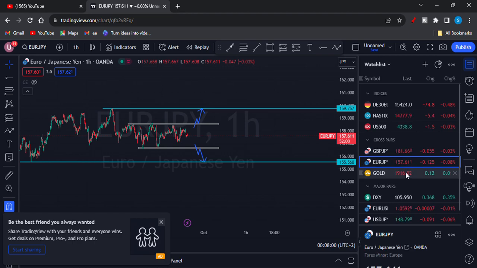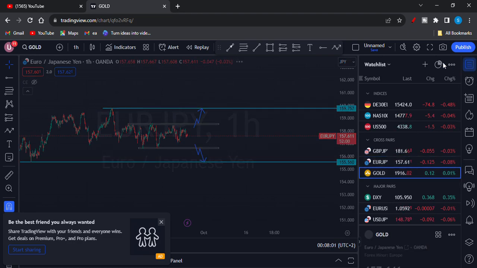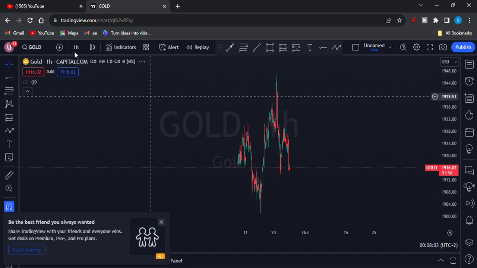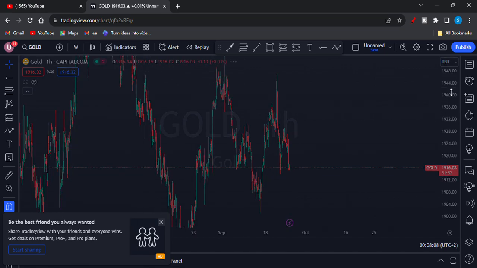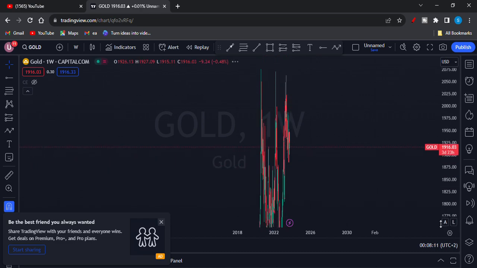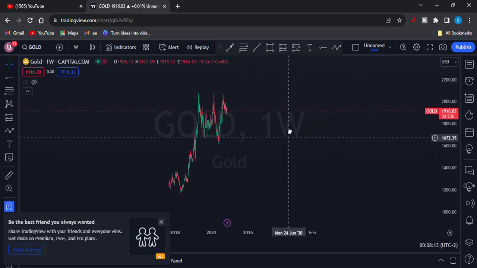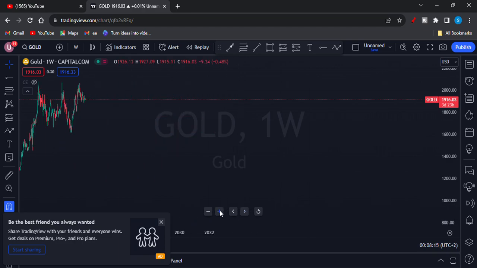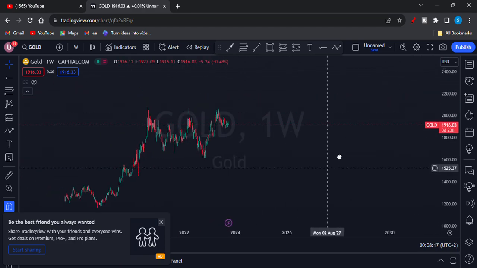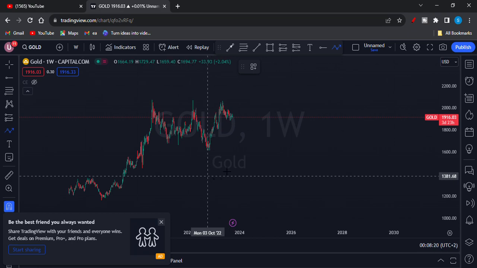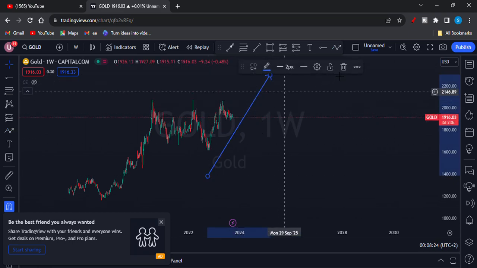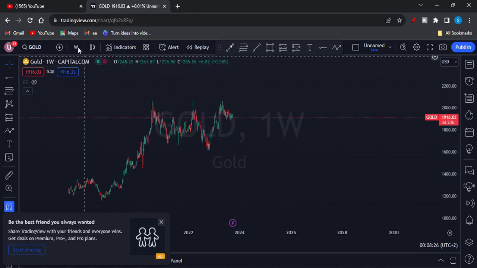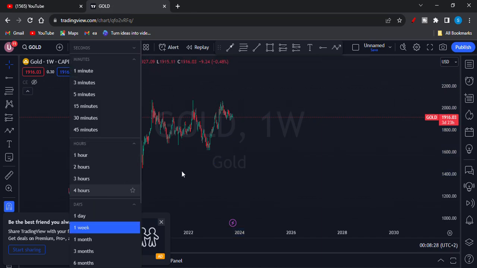And then let's go to gold. And then on a weekly, so the overall trend for gold is we are on an uptrend. And then let's go to the 4-hour.